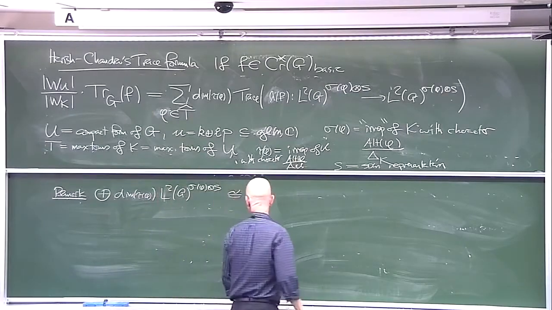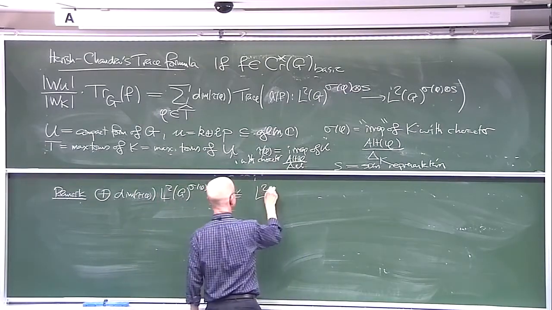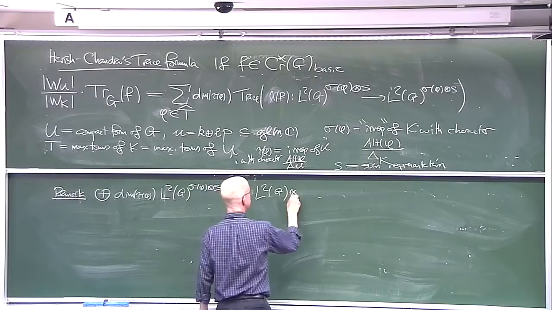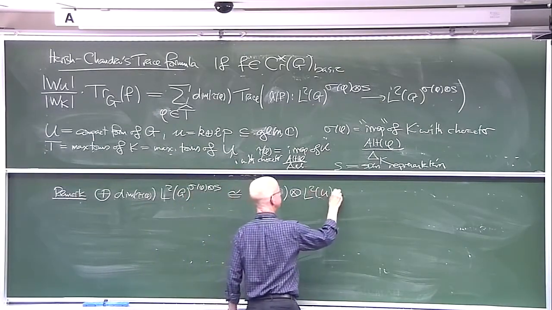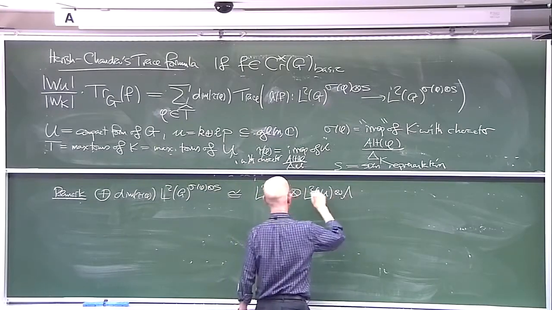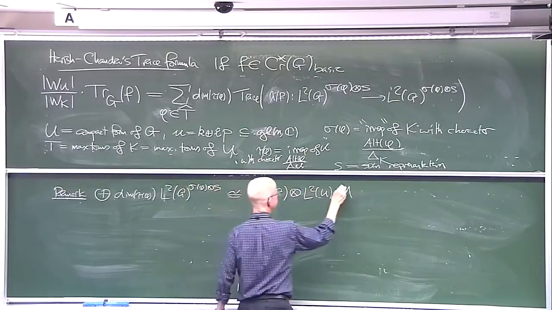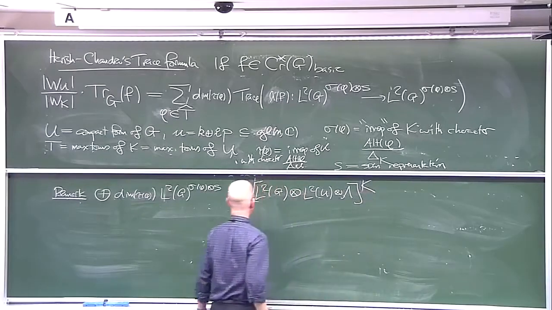What you get is something very, very simple. You get, well, L2 of G, and then L2 of U tensored with some finite dimensional representation lambda, and then you're supposed to look at the K-fixed part.